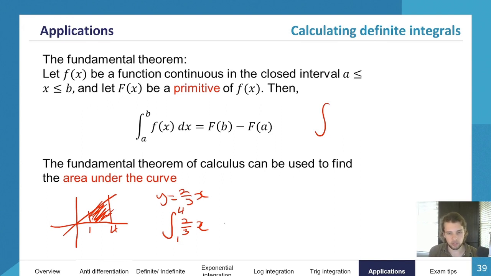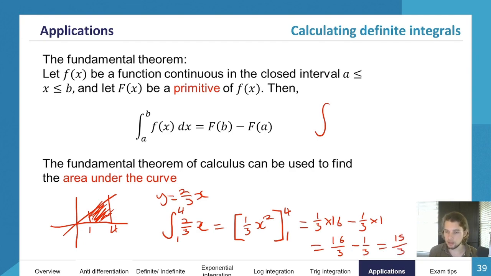It would become 1/3 x squared, between 4 and 1, which is equal to 1/3 times 16 minus 1/3 times 1, which is 16/3 minus 1/3, which is 15/3, which is equal to 5. So this is our general idea, and this can lead to quite an array of complex questions.